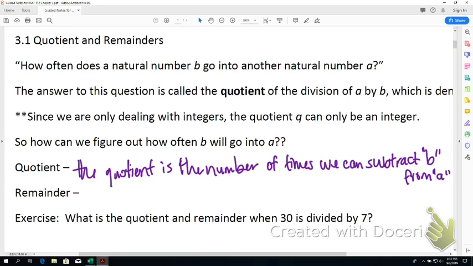Right? So whatever is left over from A after subtracting B as often as possible is called the remainder.